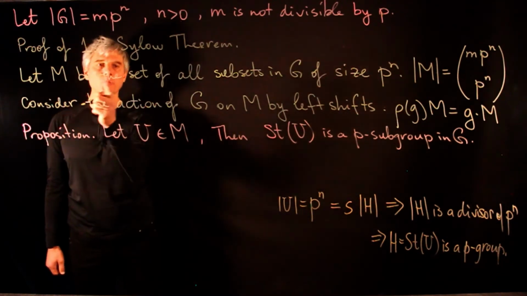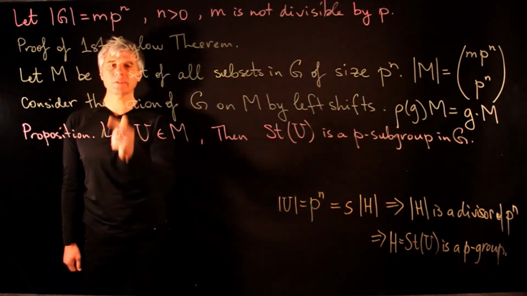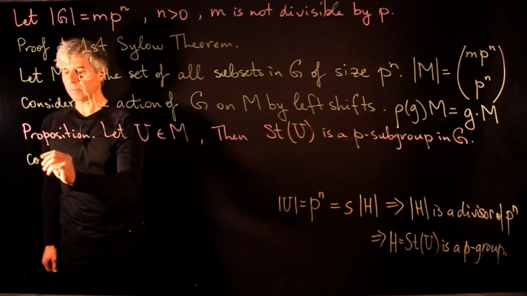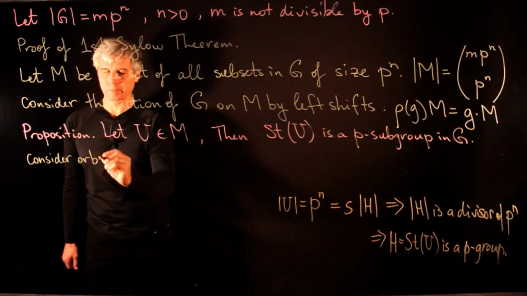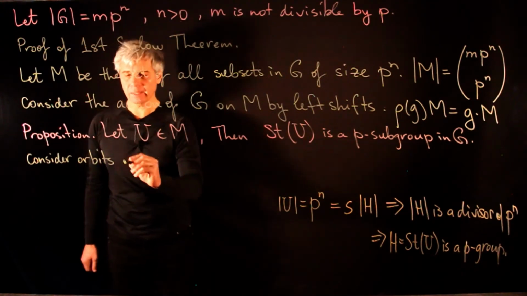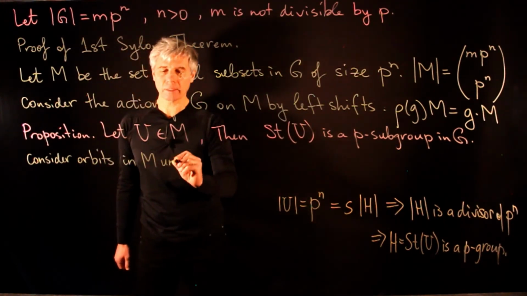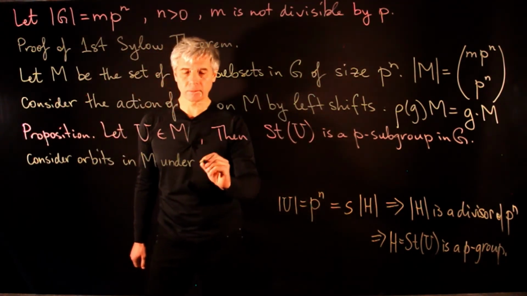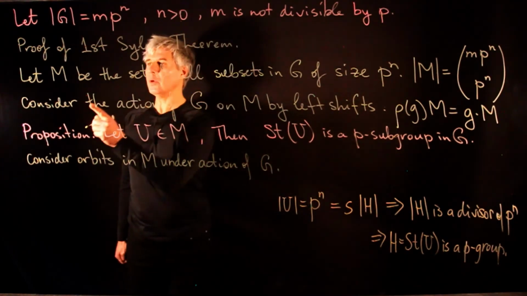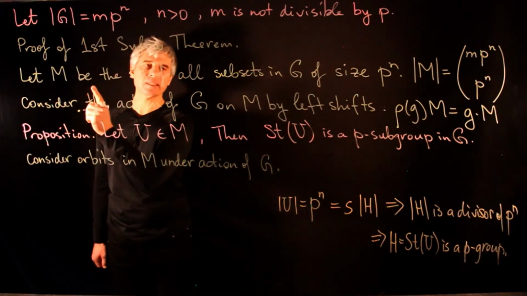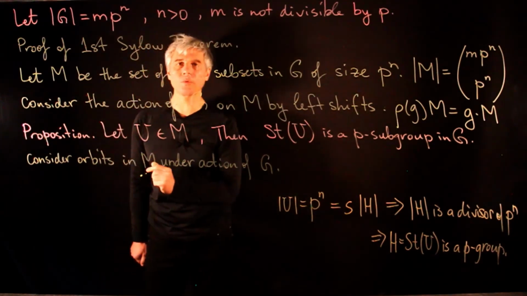Now let us return to the proof of the first Sylow theorem. So we consider orbits in M under the action of G. And we know that in this case, a set is a disjoint union of orbits.